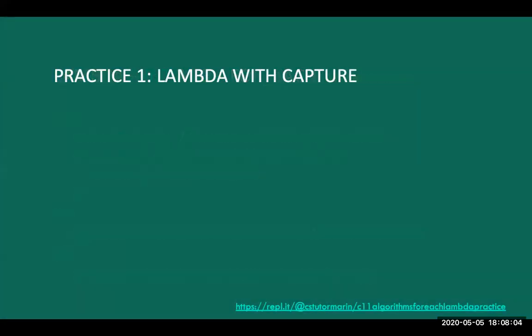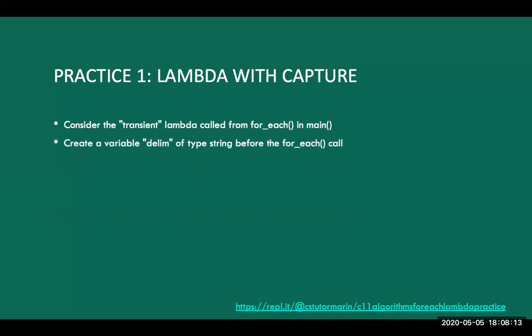Hopefully that all jives. So we're going to do this with a transient lambda, and we're going to have you guys write one, put it in the for each, and what I want you to do is try to send in with your transient lambda a capture of a character. So when we print this, and I think you can run this function, you'll see that it just prints all these words end to end. There's no space or comma or anything in there.